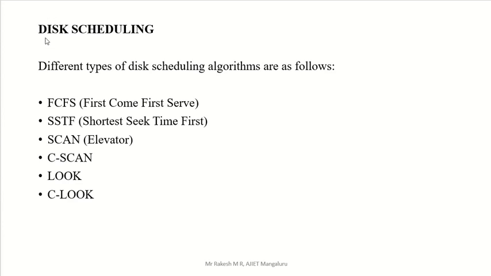If a user asks for data, that means at read time, how is that data supplied from the disk to the user? We have to supply the data that is asked by the user from the disk.